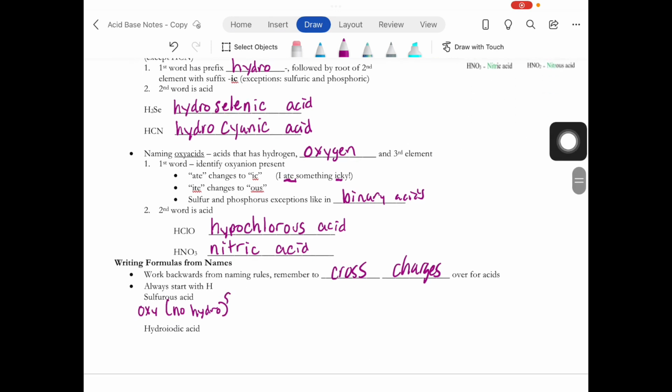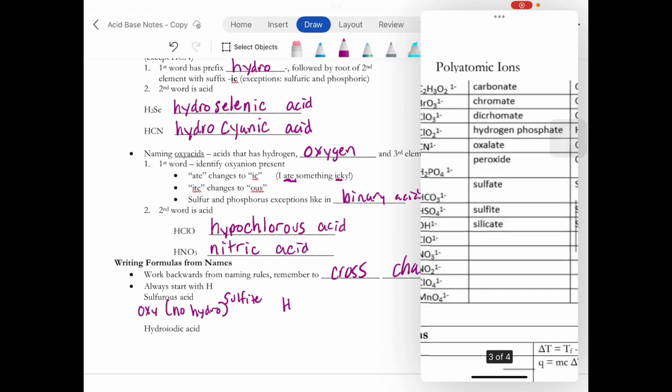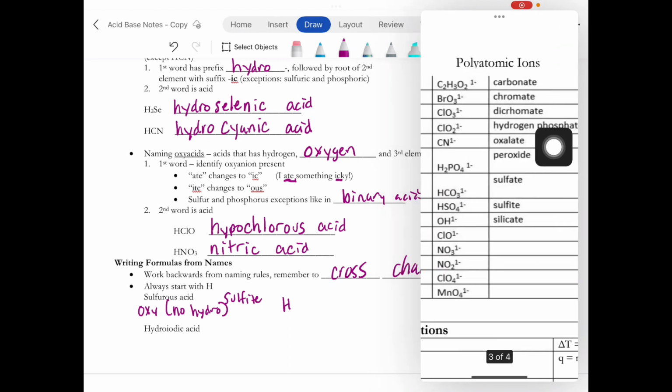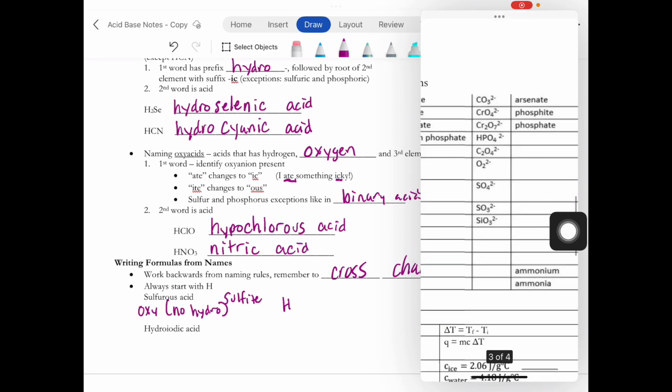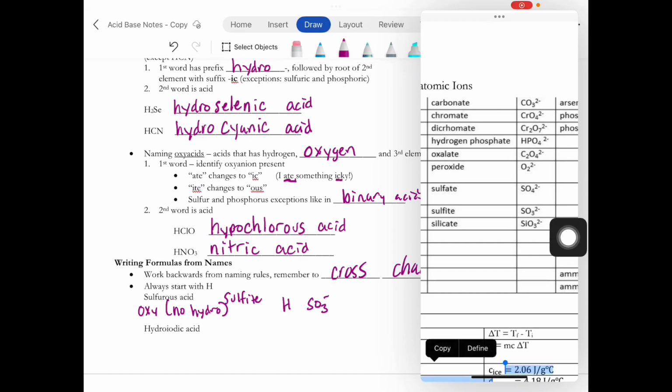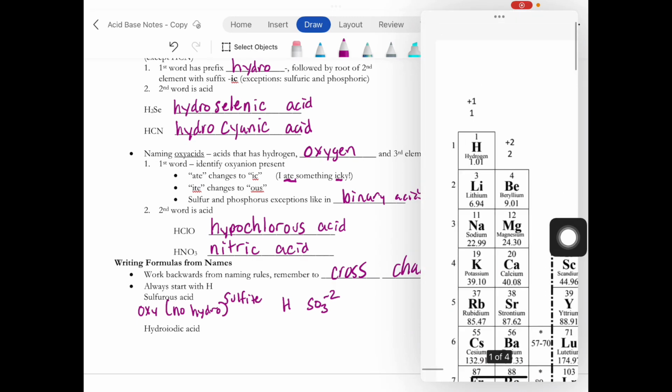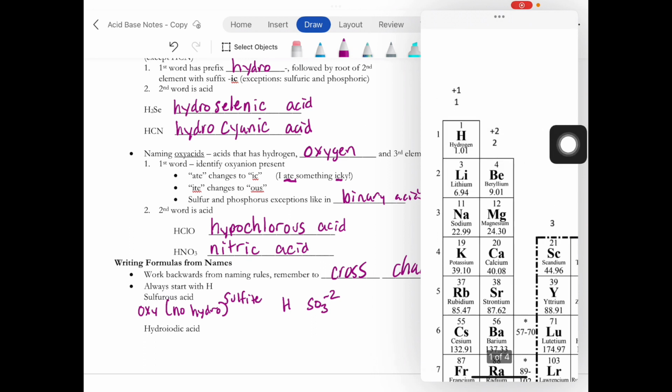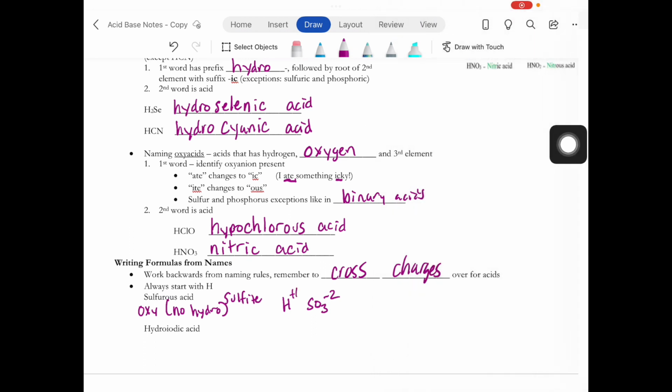So we are going to look for sulfite. Because it's an acid, we know it's going to start with a hydrogen. And now we need to look for sulfite, which is on the back. Sulfite is right here. Sulfite is SO3, and that is a -2. H is a +1. So when you cross your charges over, you'll get H2SO3.